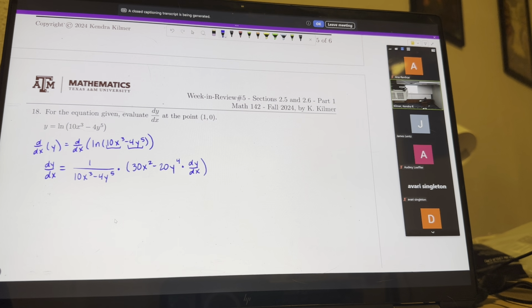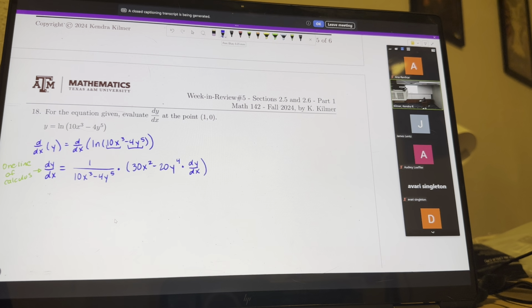All right, so that's our one line of calculus, right? And so then we need to solve for dy/dx. And so we can do everything we have written here as being in the numerator. So the only way I'm going to be able to get this dy/dx by itself is to get rid of this denominator.